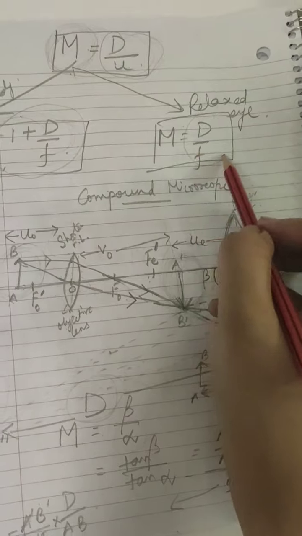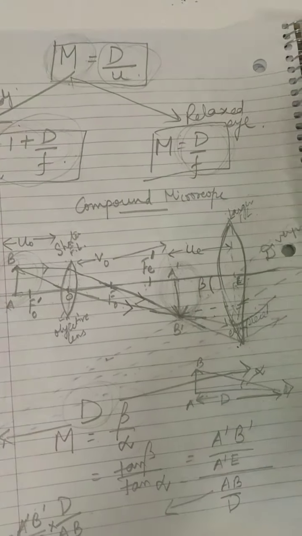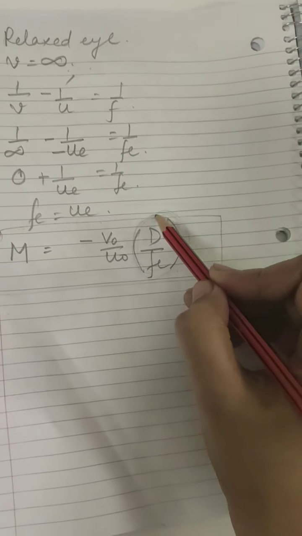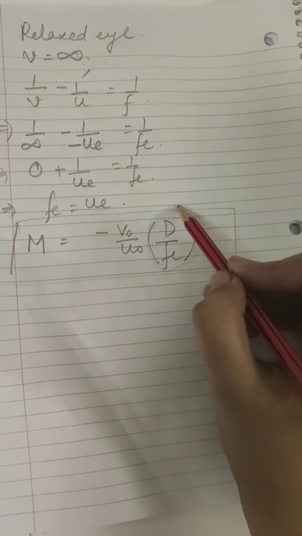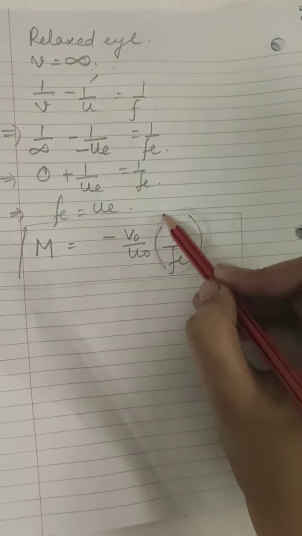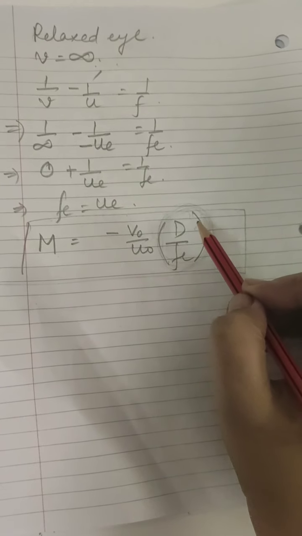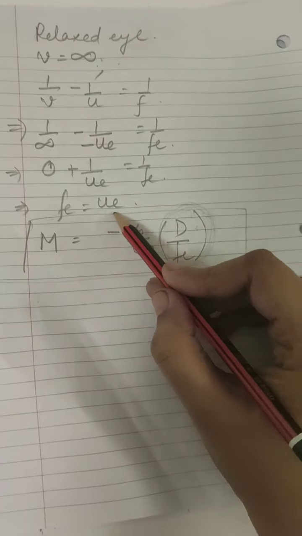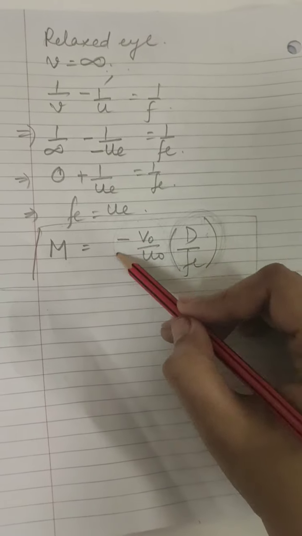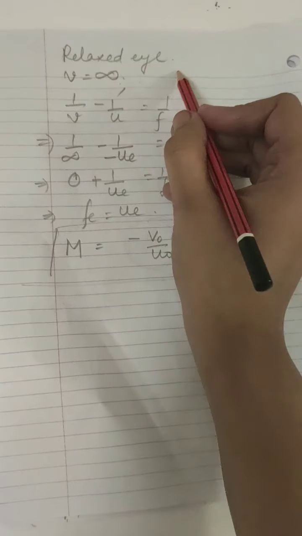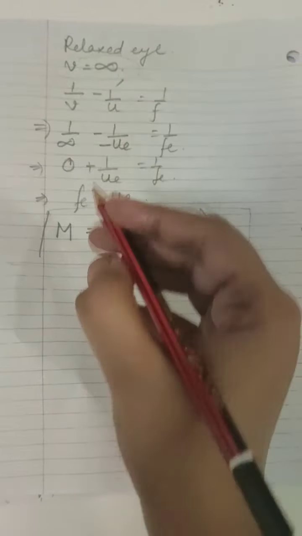D by F we have done. This is the magnification of the eyepiece that is changing, and it is similar to that of a simple microscope. The magnification of the objective lens remains constant. This is varying.